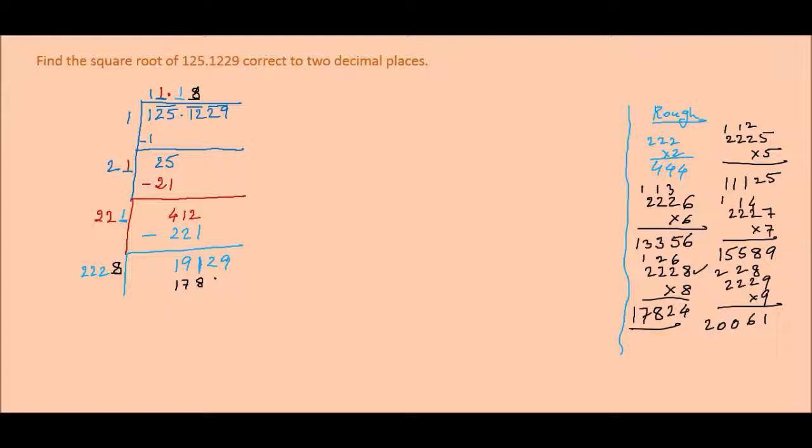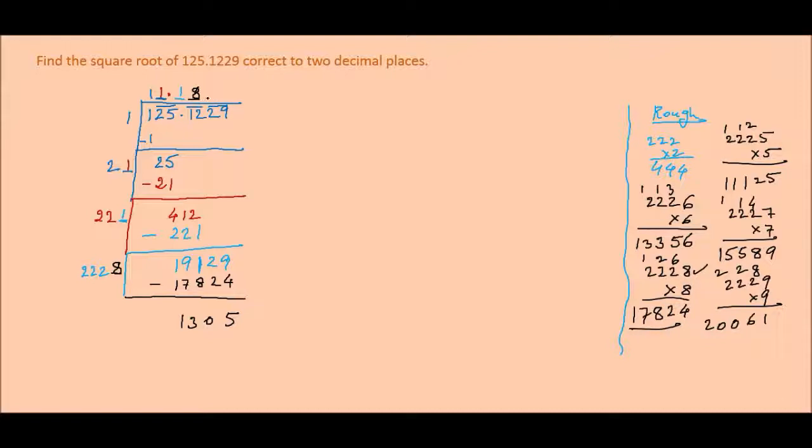And perform the subtraction. This is the remainder 1305, and we have got 2 places after the decimal point, but they have asked us to give the answer correct to 2 decimal places, so we have to get a 3rd decimal place as well.